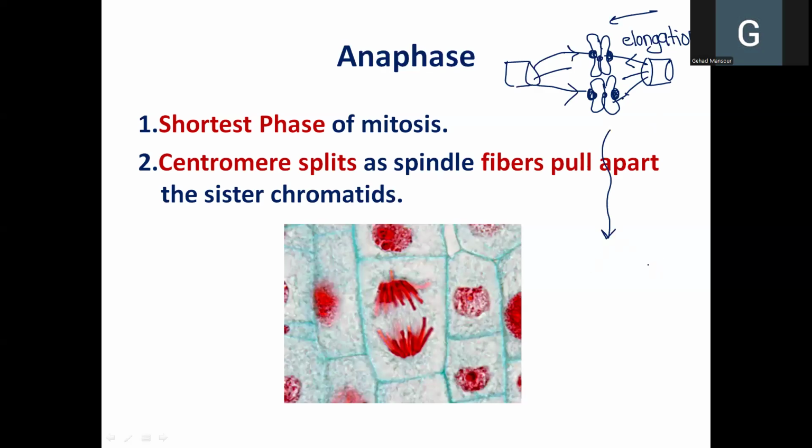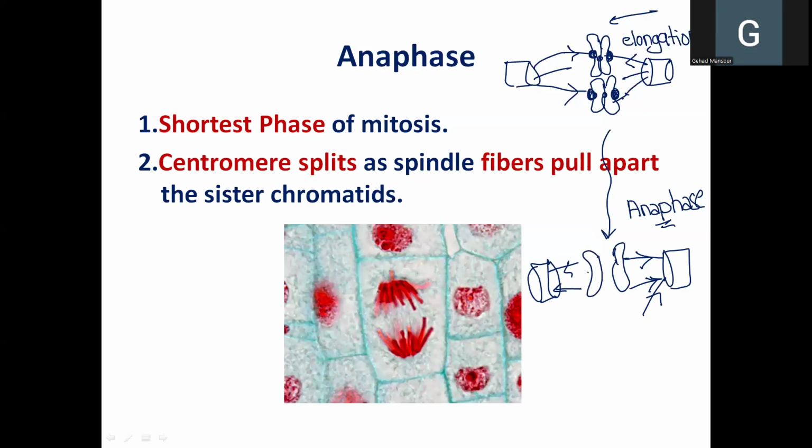in order to achieve the next phase, which is anaphase, or anaphase, both are correct, we have to pull onto the sister chromatids. So what makes the separation of the sister chromatids possible in anaphase is the shortening of the spindle fibers, because when the spindle fibers shorten, they pull onto the sister chromatids.